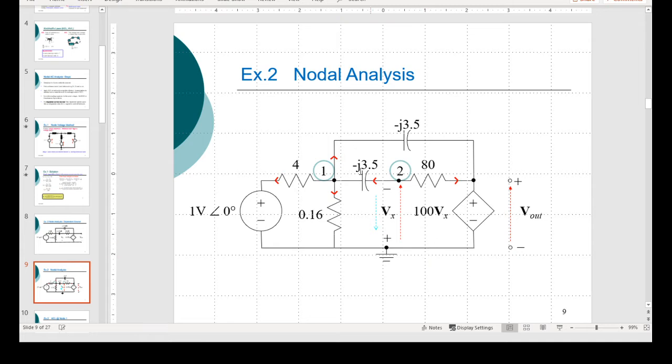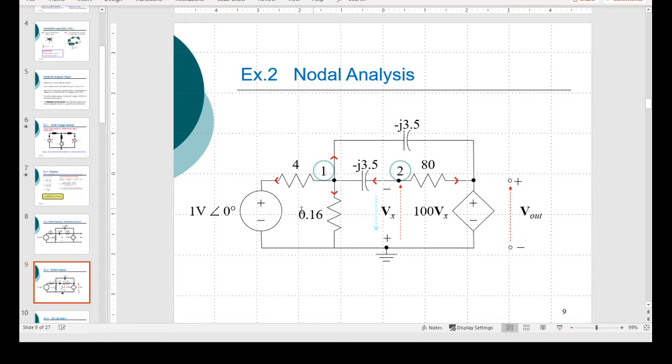So we have defined our nodes 1 and 2, and really we need to write the KCL equations for these two nodes. I've also indicated the directions of the currents in all those branches.